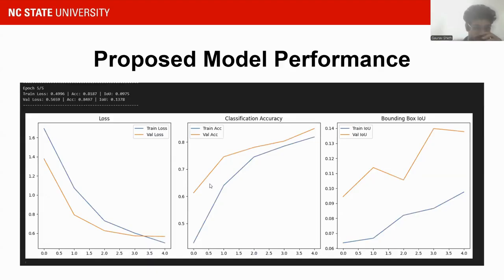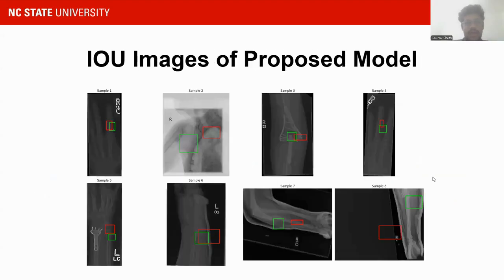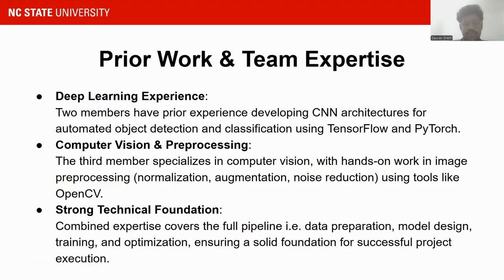These are our results: total accuracy of 85%, and these are the classification loss and bounding box loss. This is the very important part. As you can see here, the bounding boxes are aligning way better than KNN and SVM, so IOU is way higher and MSE is less in this case.